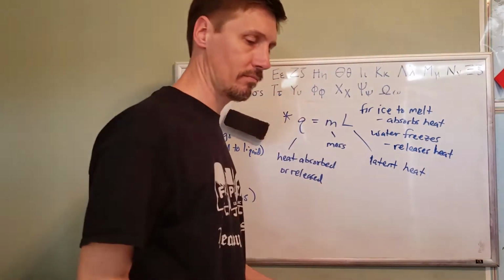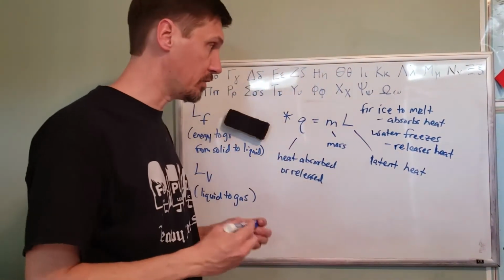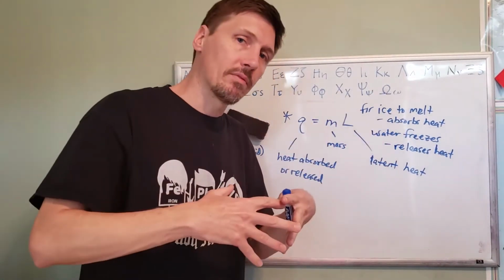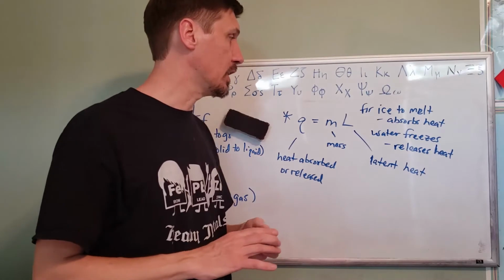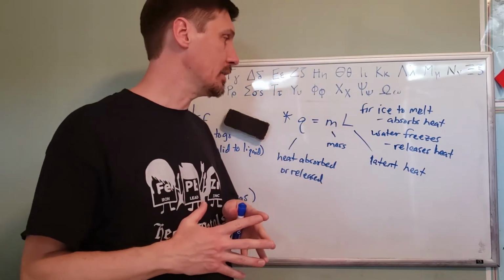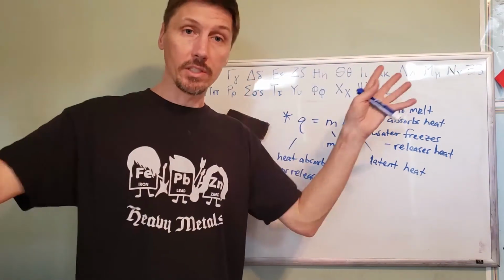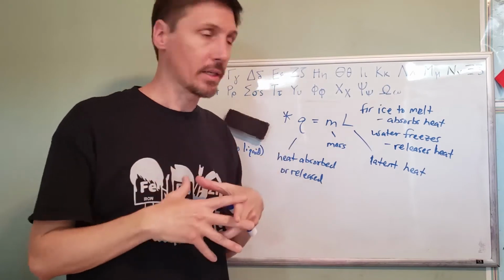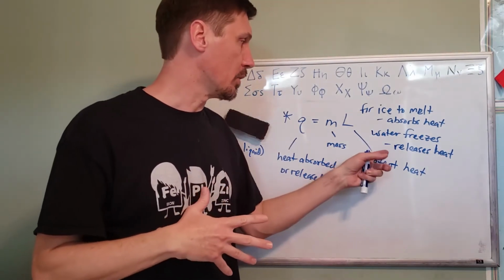Common sense will tell you, if you think about it properly, for ice to melt, it's going to have to absorb heat so that the phase change will take place. In order for water to freeze and become ice, it's going to have to get rid of energy so that the molecules can slow down and it can go into the solid phase.